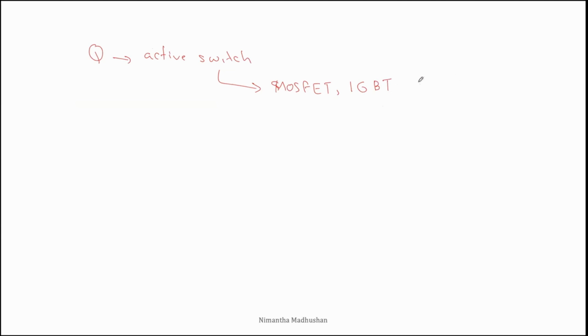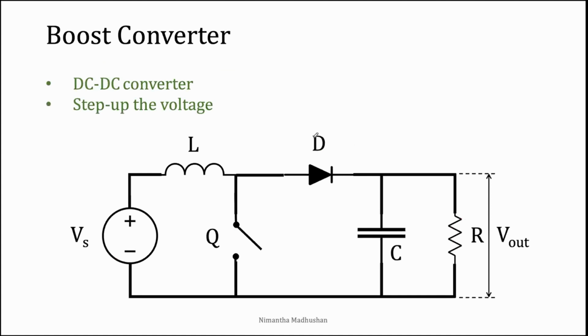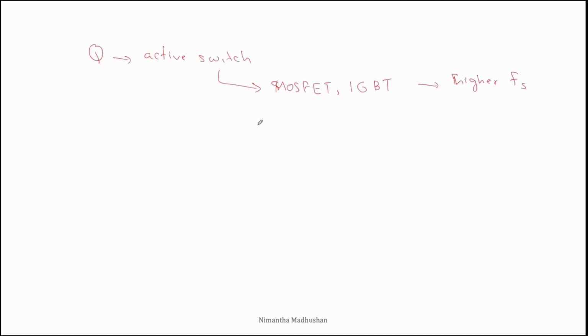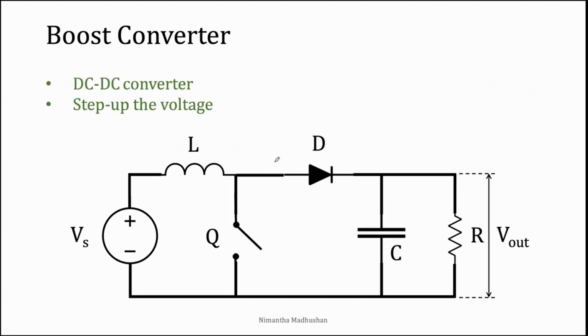We can operate this switch at a higher frequency. And this diode, D, acts as a passive switch. It is an uncontrolled power semiconductor device.